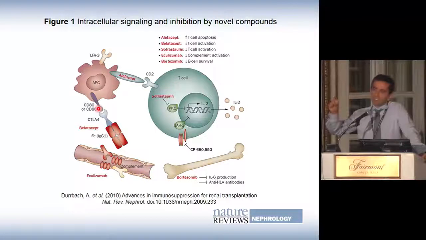It hits right there and prevents that T cell activation. This drug has been shown to improve the safety profile of immunosuppressive drugs, because now you can lower your Prograf. Now you can lower calcineurin inhibitors, which are known to cause microvascular toxicity.